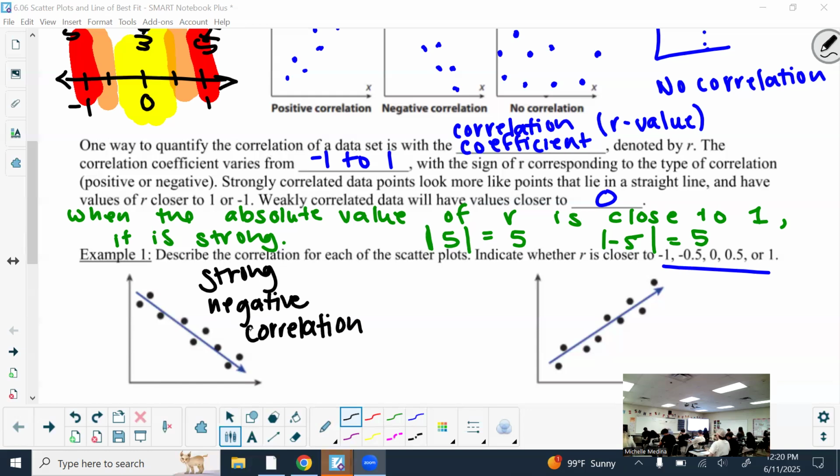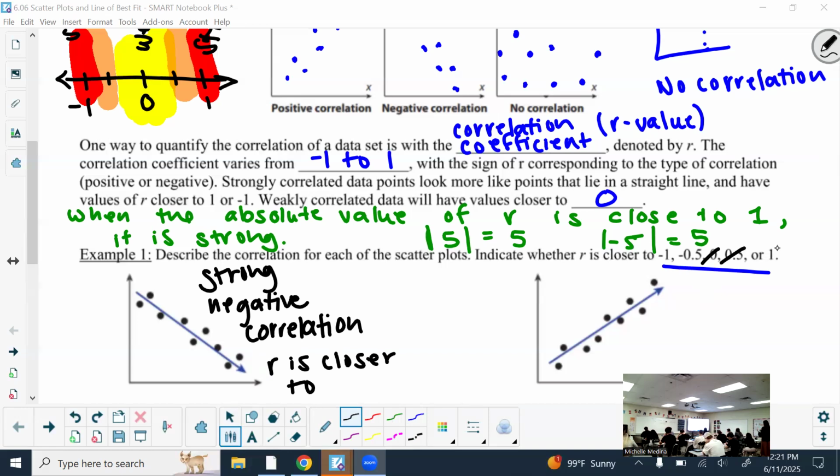So if that's how we're classifying it, what type of R value would it be closest to out of these options? Okay, let's work with it. Which ones can it not be if it's a strong negative? Now we're down to 4. If it's a strong negative, which ones can it not be?